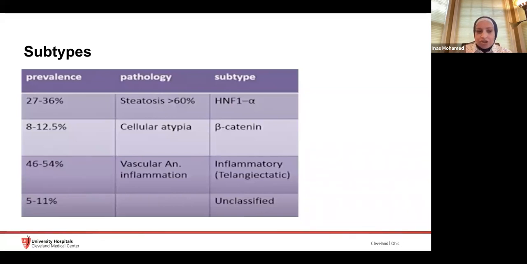First of all, to use EOVIST, we need good liver function. So if the liver is cirrhotic, I can't use EOVIST, or if the patient has bad liver function, he can't use it. The hepatobiliary phase is 20 minutes post-contrast.